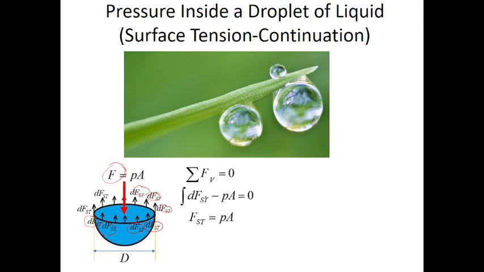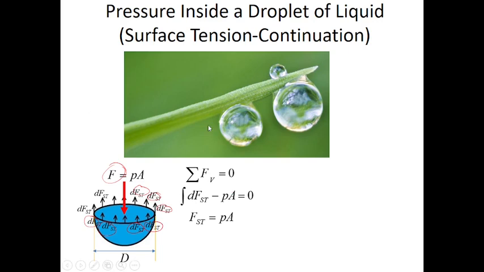When we integrate the dF_st, we get F sub st, the force due to surface tension. And with that, we equate the surface tension force to the product of pressure and area.